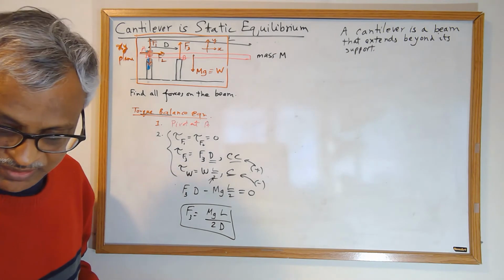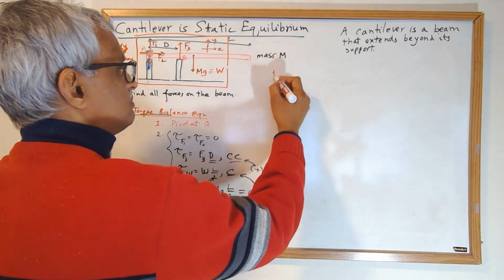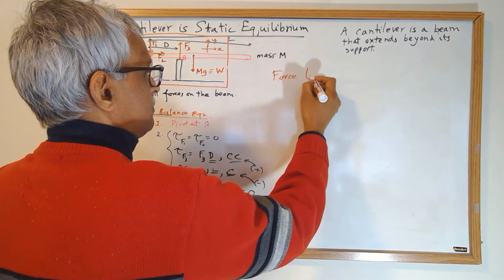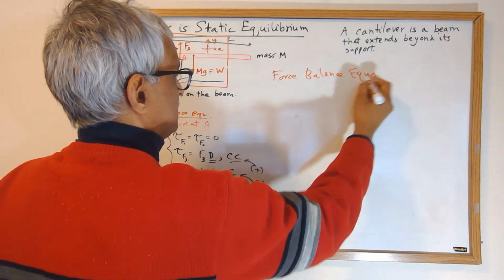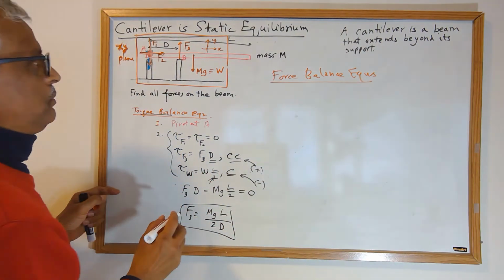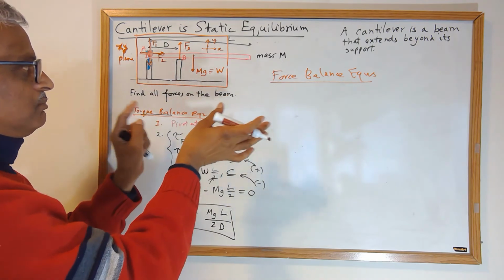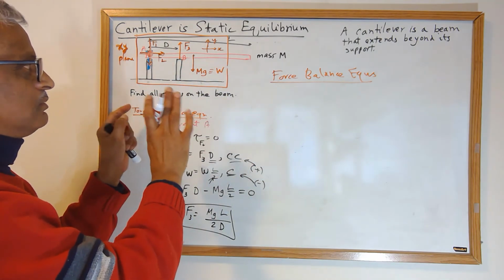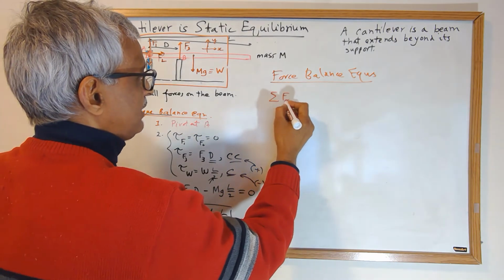Okay, now we want force balance equations. We're going to get two equations because forces are in a plane. They have both x and y components. So you look at the sum of Fx equal to 0.